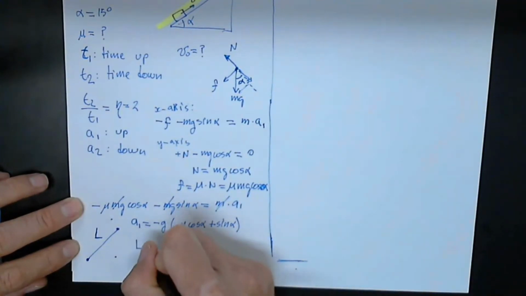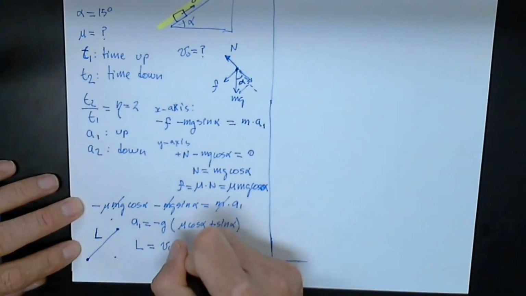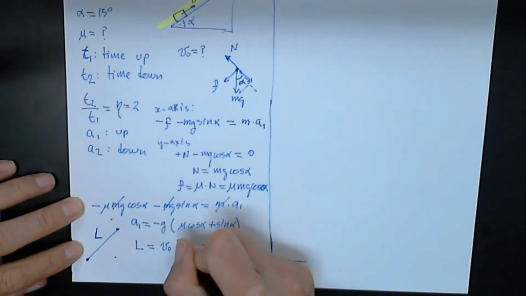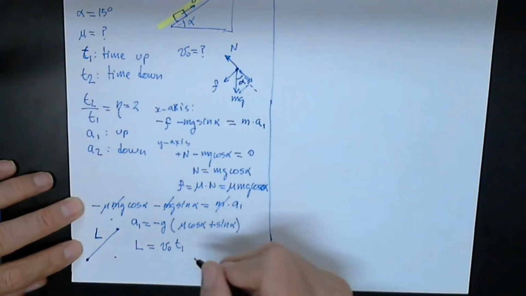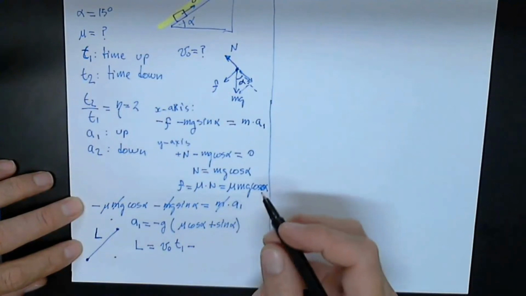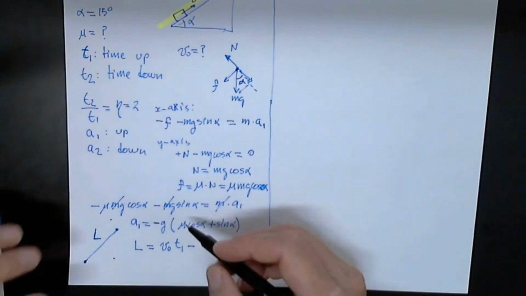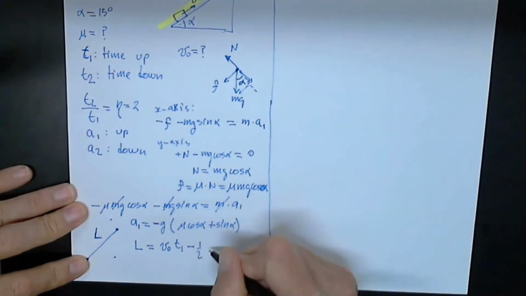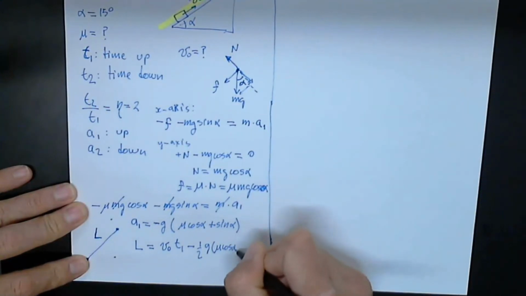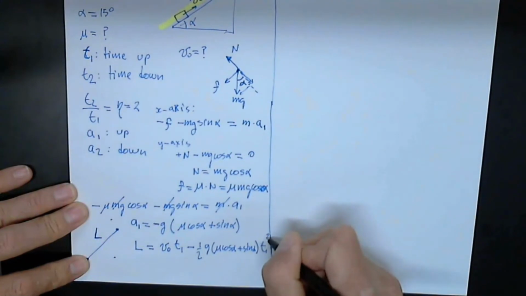So L is going to be v naught, that is not given, that's the launch velocity, times t1, minus, because the acceleration is negative, 1/2 g times mu cosine plus sine times t1 squared.